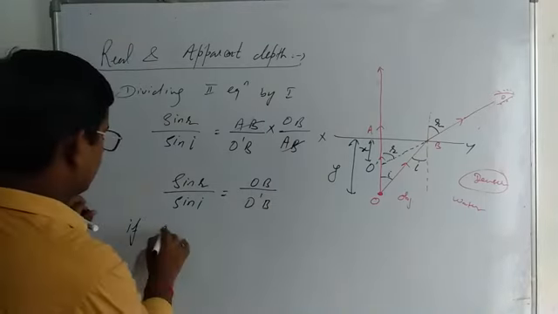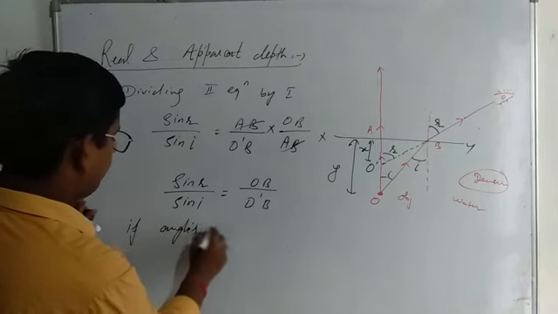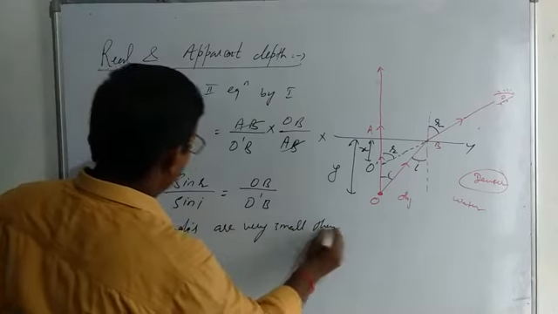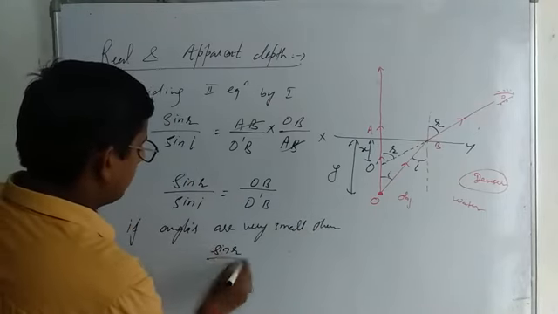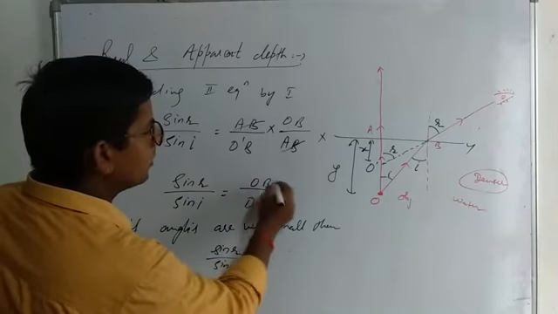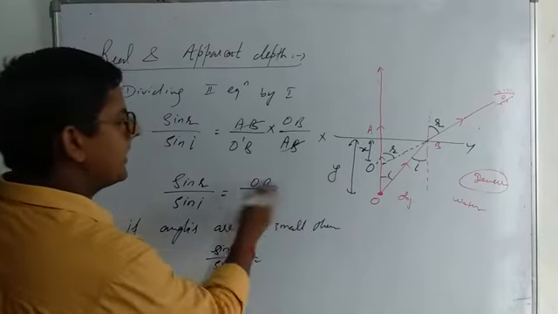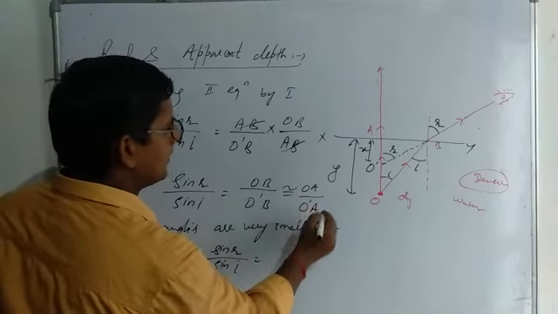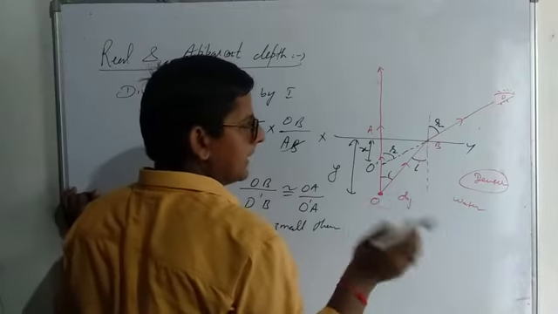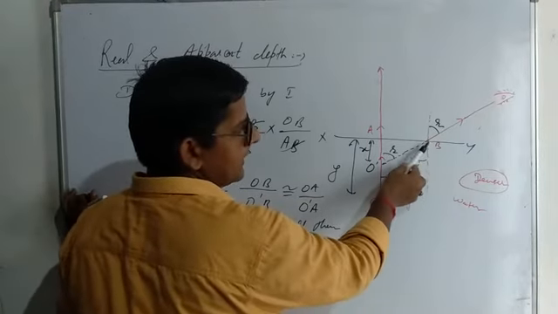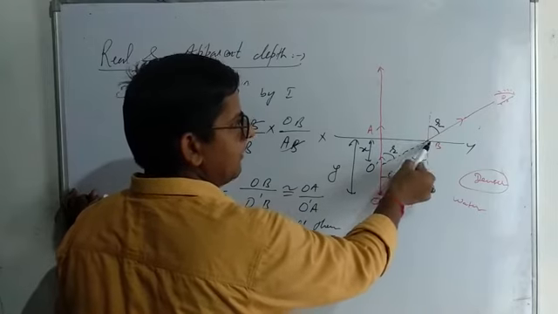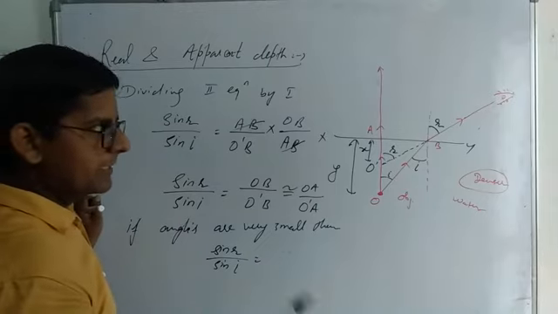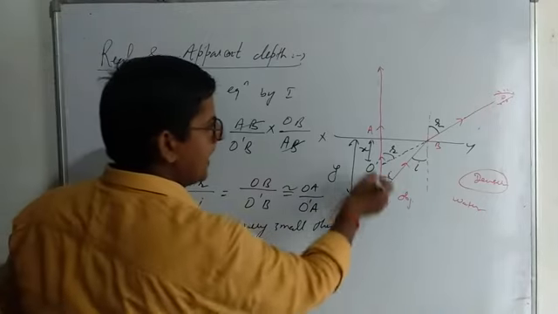If the angles are very small, then sine of R by sine of I is equal to OB replaced by OA and O dash B replaced by O dash A. Because we are saying that if the angles are very small, B comes close to A, so B is replaced by A. So OA, what is OA?